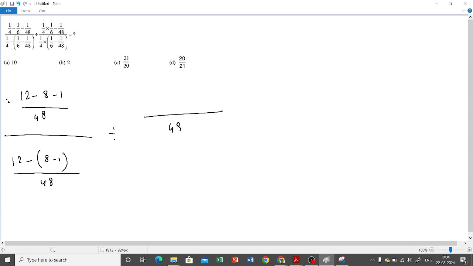Again the LCM is going to be 48. This is going to be 2 minus 1. And so this is going to be 1 by 24. Let me keep 1 by 24 outside. 6, 8 minus 1.